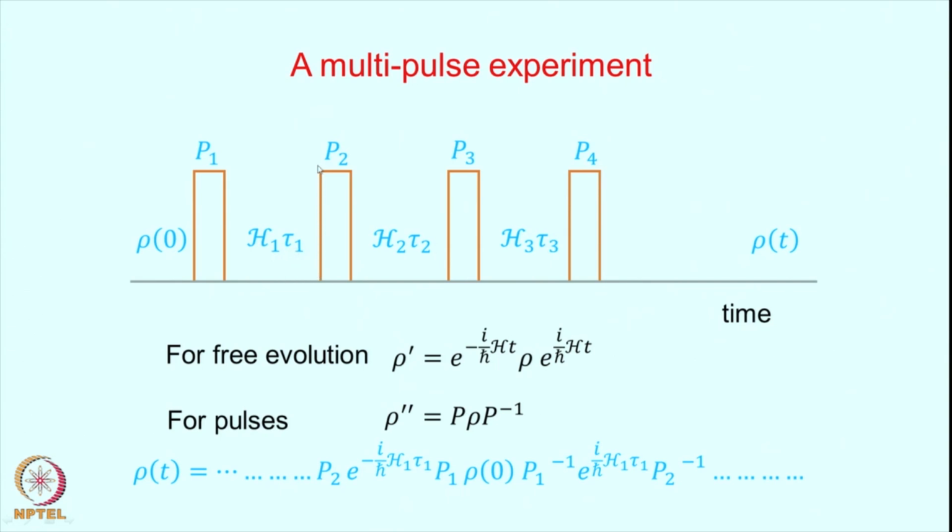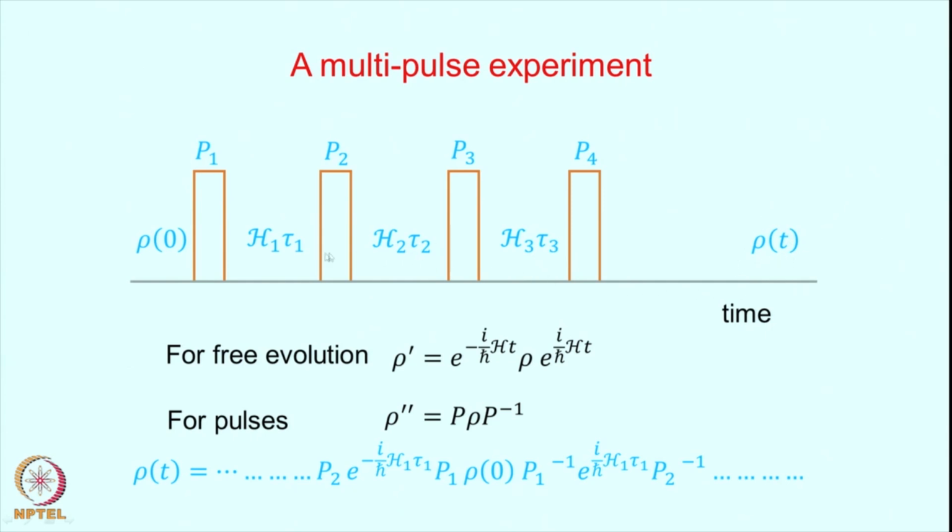Then this is followed by another pulse, we call it P2, and once again it is followed by evolution under the influence of a different Hamiltonian H2, for a time tau 2, and likewise you continue for the P3 pulse, and then you have the evolution H3 tau 3, P4 pulse, and so on and so forth, till you complete all your pulses and you collect the data sometime here, and that is where the information is analyzed subsequently.